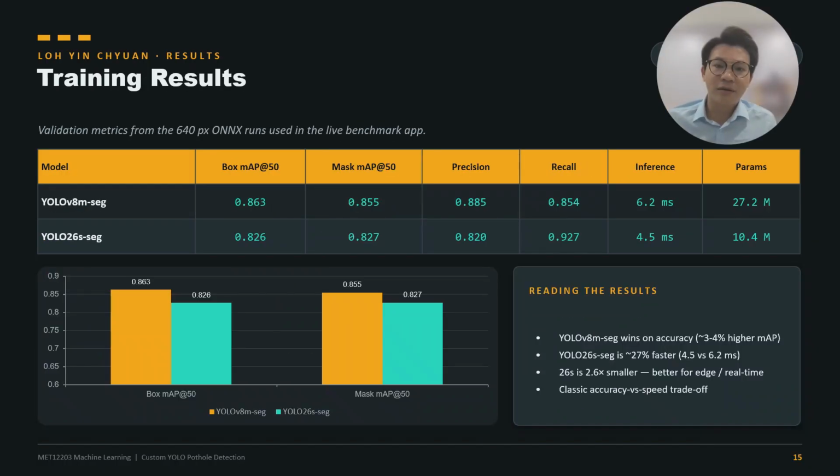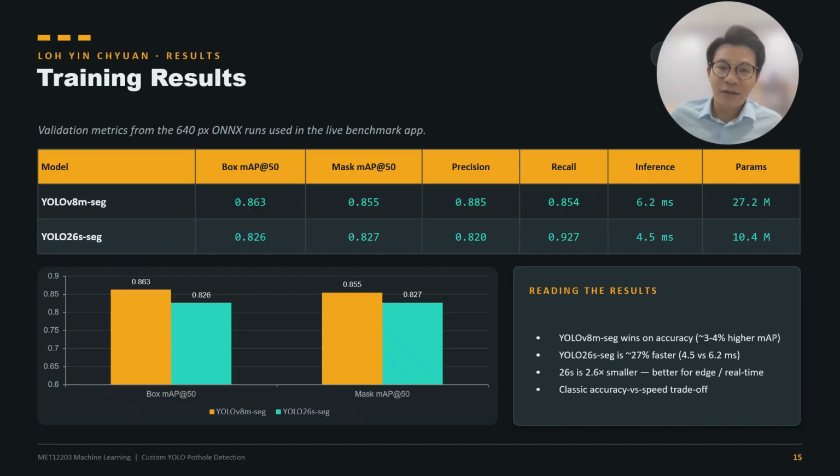Let's talk about the training results. These are the validation metrics from the 640 pixel deployment models. YOLOv8M achieves box mAP 0.863 and mask mAP 0.855 with precision 0.885 and recall 0.854.